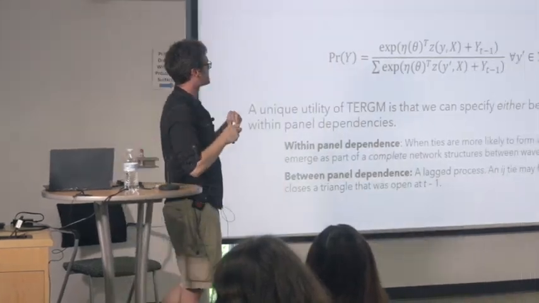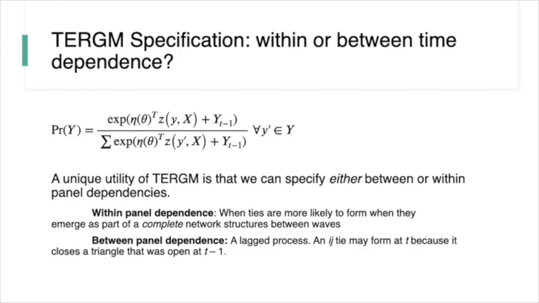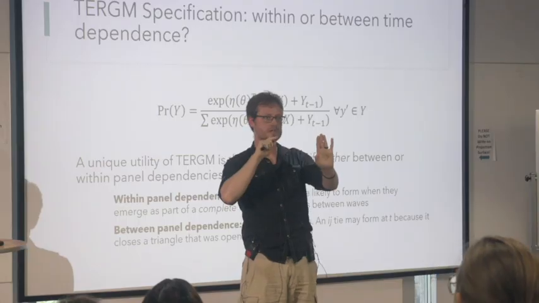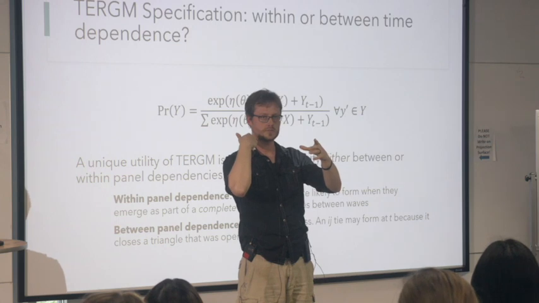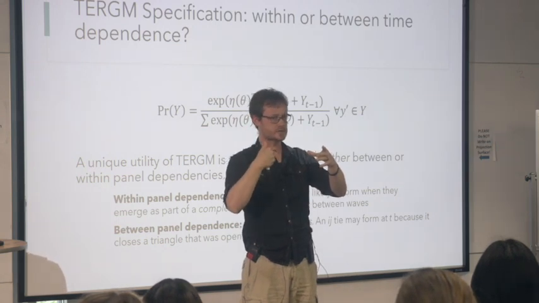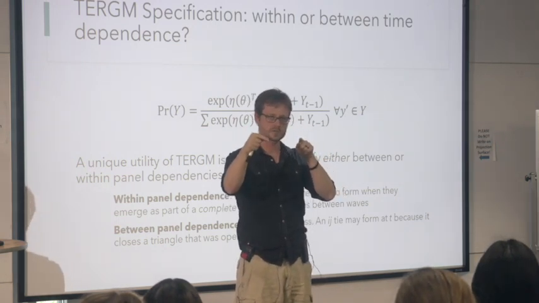So we can think about this as both a strength and a limitation of TERGM. Because on one hand, this assumption of discrete time processes means that we're assuming that we're containing all the relevant information for tie change within a single moment of time or in the past network panel. And that's a very limiting assumption because we're not actually accounting for the order of those tie changes.